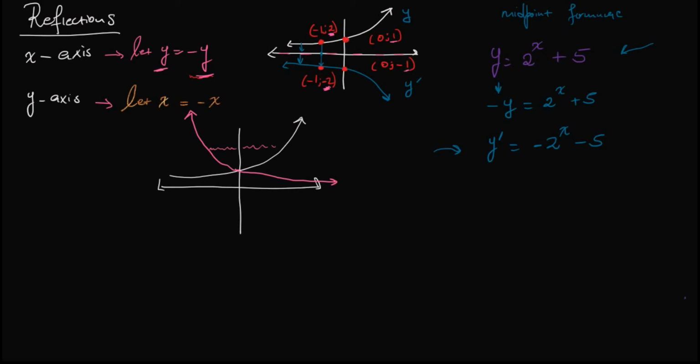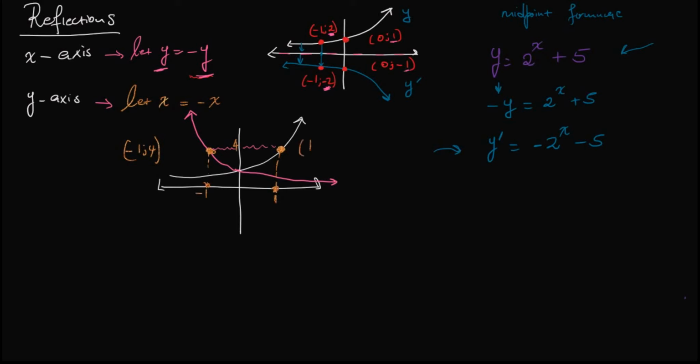But now the question is, why do we take x to be -x? Say this point is maybe -1, 4. This is the original point, and then this is the reflected point. So the original point is also at y equals 4, but now the x value is no longer negative, it is positive.